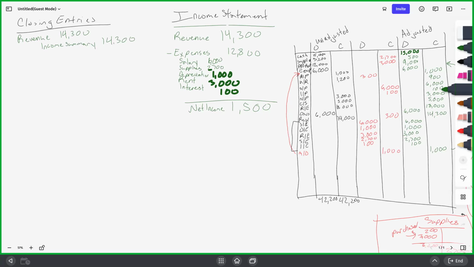How are we dealing with our expenses, debited or credited? Credited. Now, what are we debiting? Income summary.